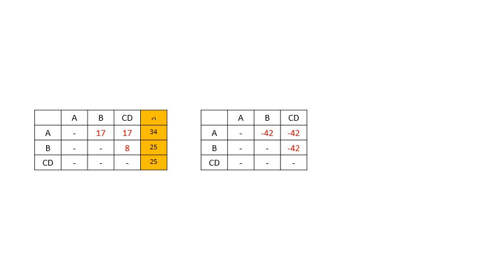So here you can see the least value is -42, which is present in all three cells, and again here you can join any of the two taxa together. You can join together A and B, you can join A with CD, and you can also join B with CD.